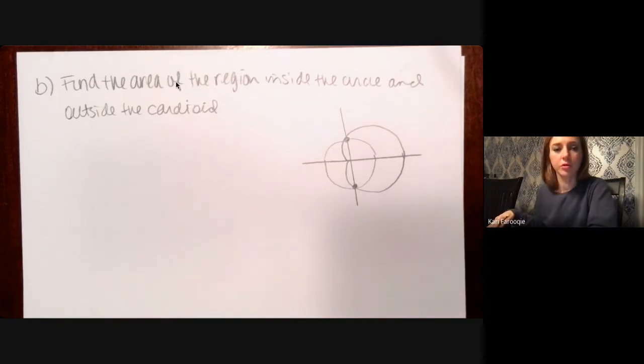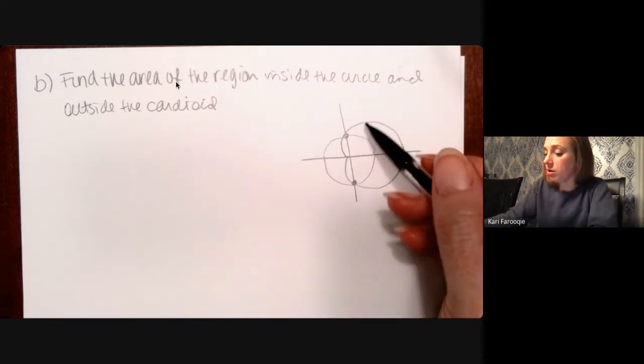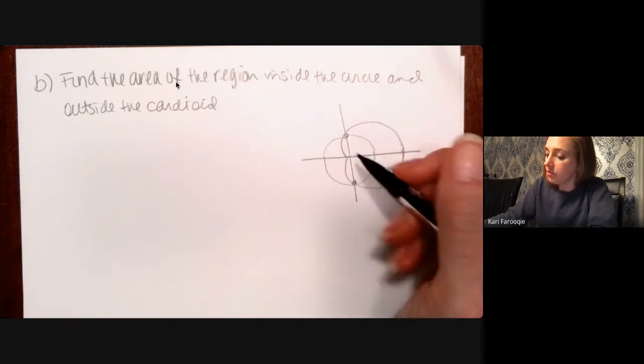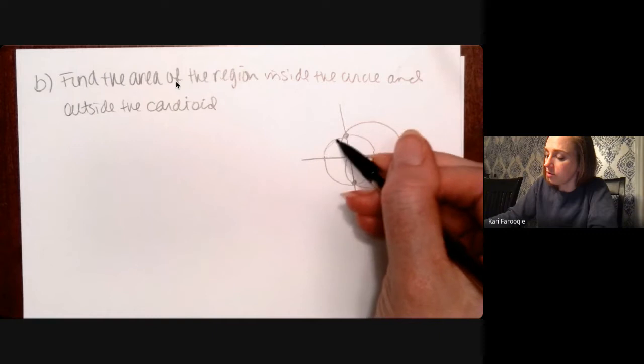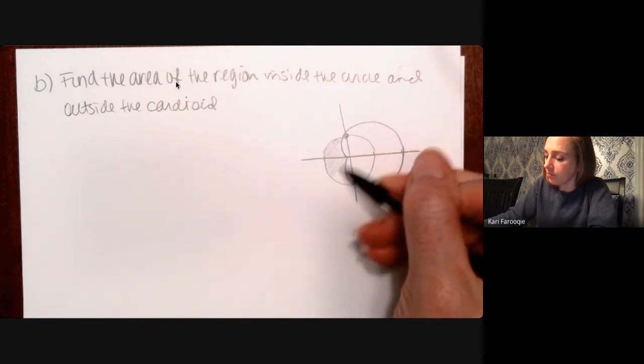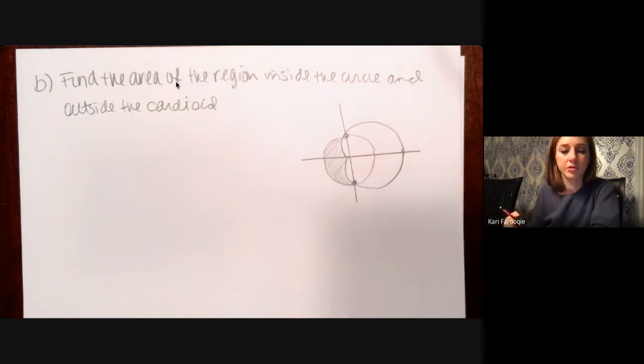Okay, and we're looking for the region inside the circle, outside the cardioid. So if it can't be in the cardioid, it cannot be in any of these parts right here, but it's got to be inside the circle. And what we're doing here is looking at this piece, inside the circle, outside the cardioid.